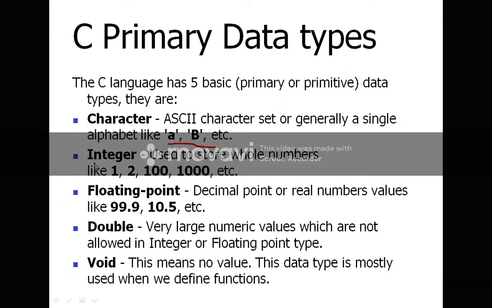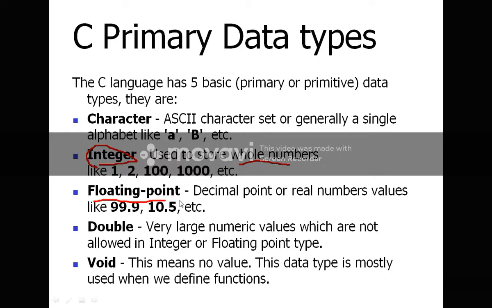Next is integer data type. Integer data type is used to store a whole number. So 1, 2, 100, 1000, 10,000, 1 crore, 1 lakh, these are whole numbers. To store those whole numbers we are using integer data type.